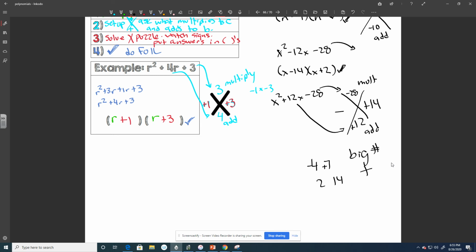So 14 would be my positive, 2 would be my negative. 14 plus a negative 2, or minus 2, adds up to 12, and those multiply to negative 28. So this time, I get x minus 2 and x plus 14, which is different than what I got last time. So we've got to be careful that we pay attention to the signs, okay?